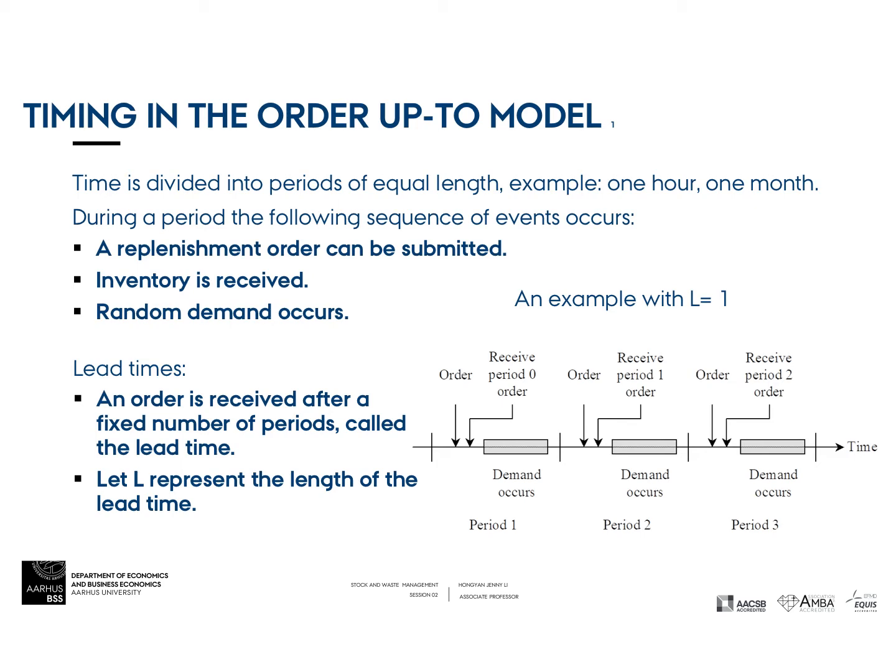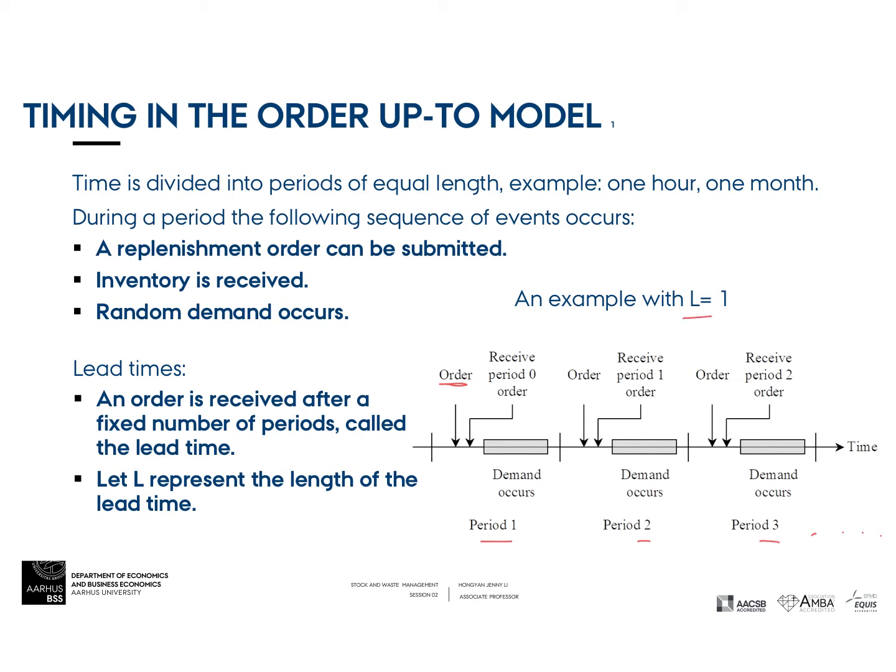Now on the timeline, the process is divided into multiple periods. For example, periods 1, 2, and 3 continue. In each period, the distribution center and sales territory need to make a decision about the order, how many units they should order. And in each period, they will also receive the orders from the previous period.